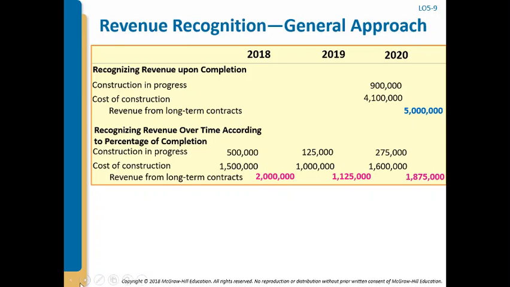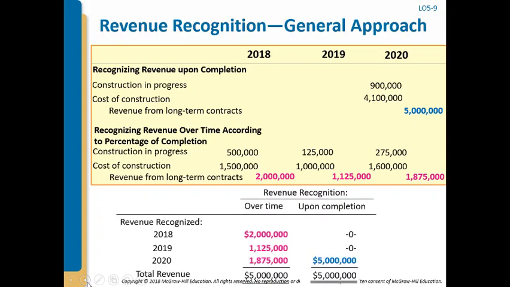We'll show how that is figured out as well. But notice total revenue over the contract, though it's recognized at different times, in one it's recognized all at once at the end of the contract, and in the other it's the same amount, $5 million.